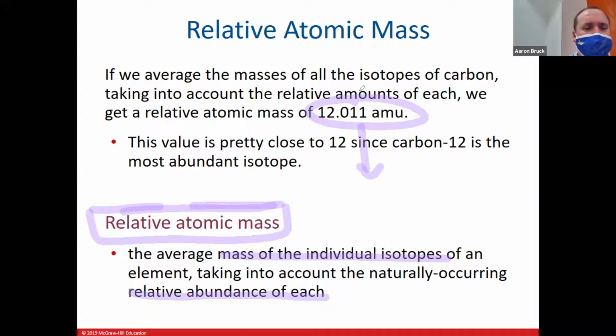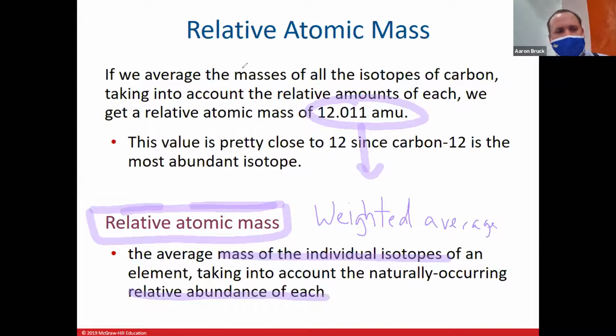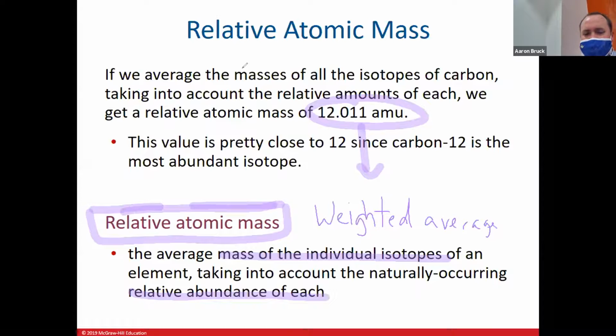The mathematical term for this would be a weighted average. And a weighted average is calculated exactly how we are describing here. Taking the individual masses and multiplying by their weights, by their abundances.